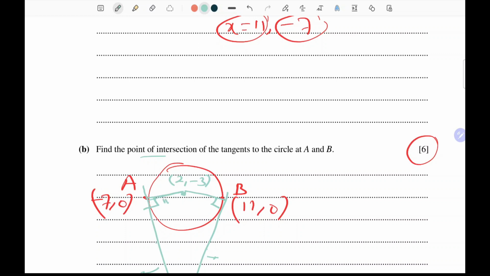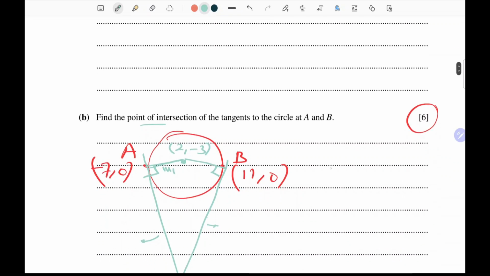So can we find the gradient of this? Yeah, m1 we can find. That is minus 3 minus 0 over 2 minus of minus 7, that is 2 plus 7. So minus 3 over 9, which is minus 1 over 3. Great. Now this line has gradient minus 1 over 3.